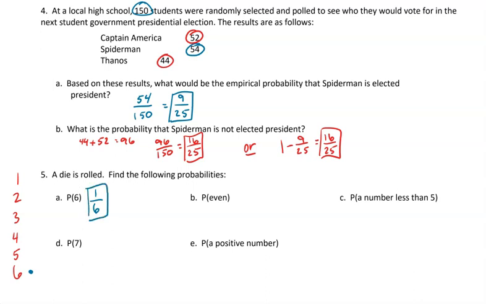So 1/6. Probability of getting an even number. Again, 6 total possibilities, and 1, 2, 3 of these are even. So if we reduce that, we get 1/2.